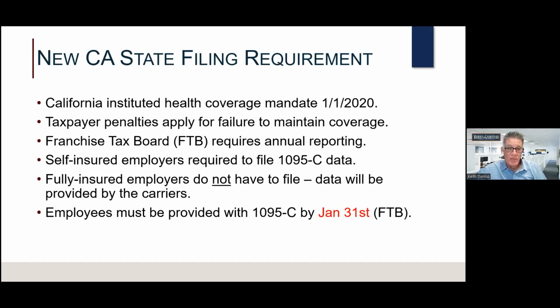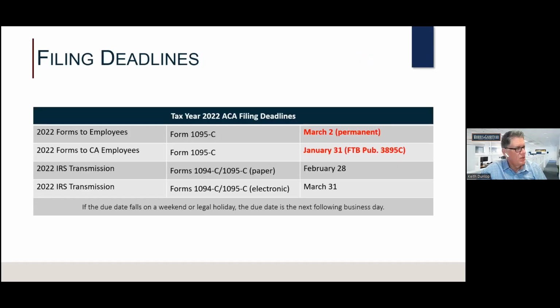Please also make note that the Franchise Tax Board has set a deadline of getting forms to your employees of January 31st. This is in conflict with the federal deadline. For several years now, the IRS has provided employers with a temporary extension to get forms to employees.